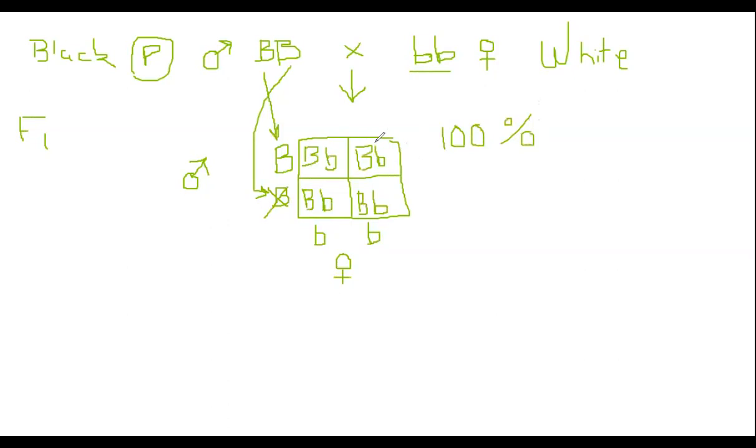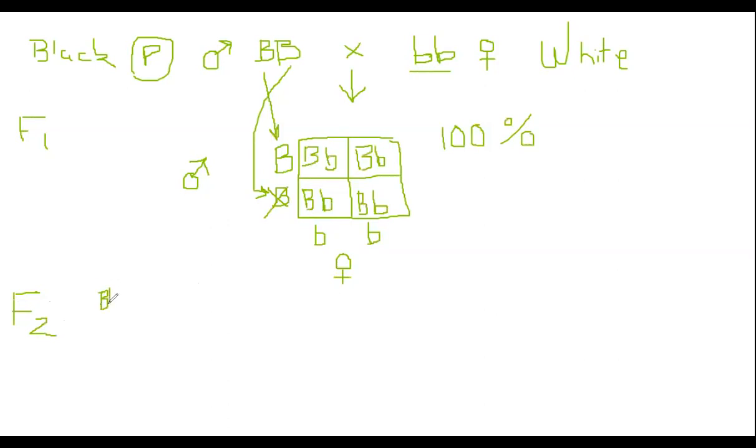And remember, they're heterozygotes because the two alleles for this particular gene, for the coat colour gene, are different from each other.